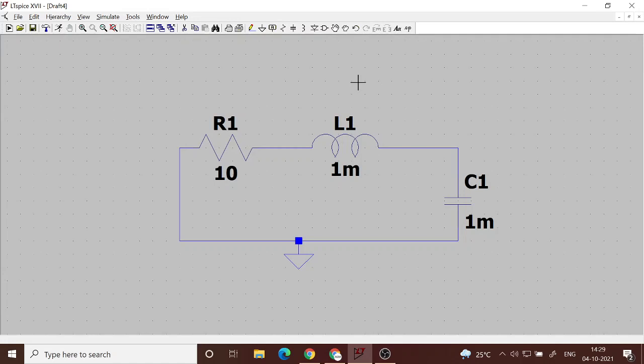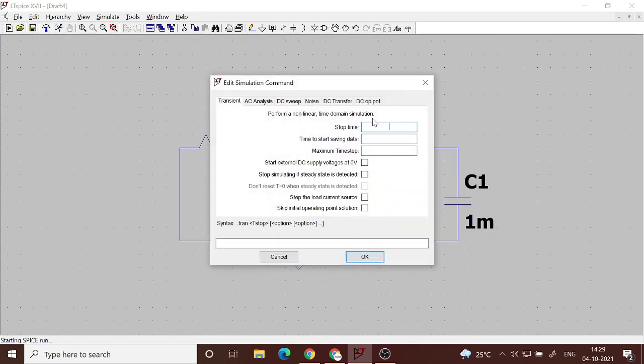Now if I want to plot a few cycles of those, then maybe 30 milliseconds is a good idea. So I am going to give the simulation for 30 milliseconds, and for the time step, let's say I'll put 1000 points, so 30 micro.